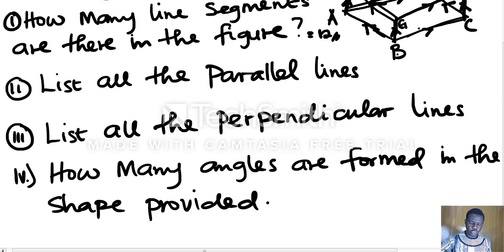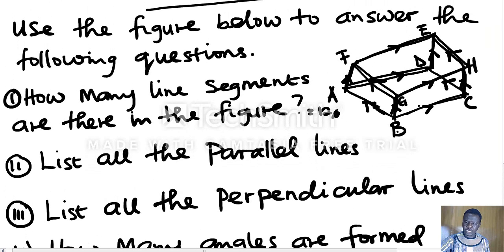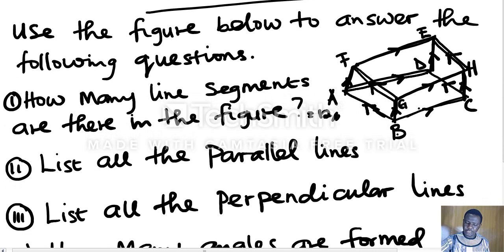The next question says we should list all the perpendicular lines. Remember from our definition of perpendicular lines, these are 2 lines that are formed with 90 degrees and they only meet at a point. So any line that is formed this way with an angle of 90 degrees at the point of intersection can be said to be perpendicular lines.